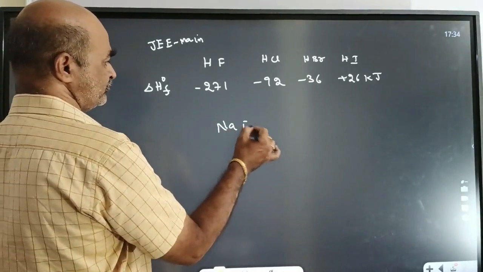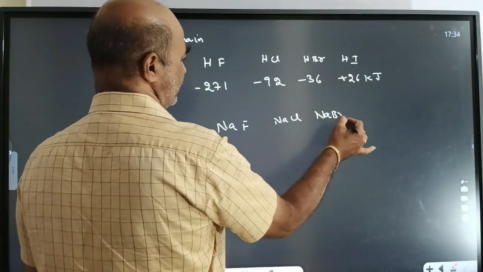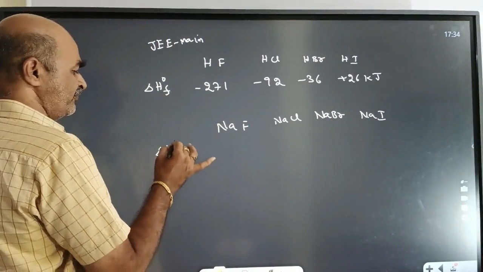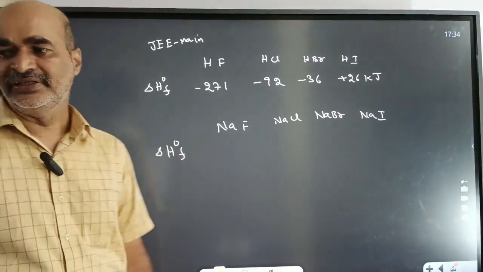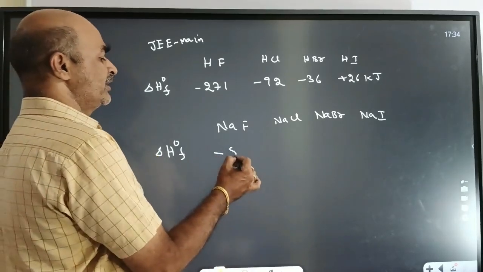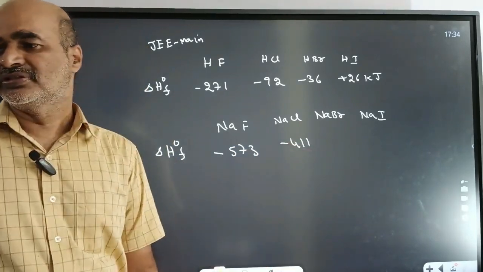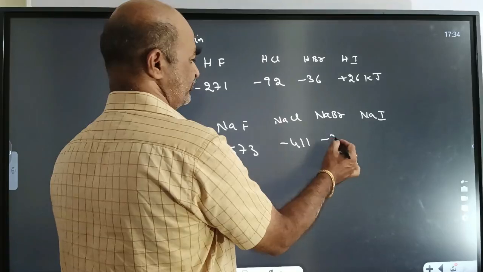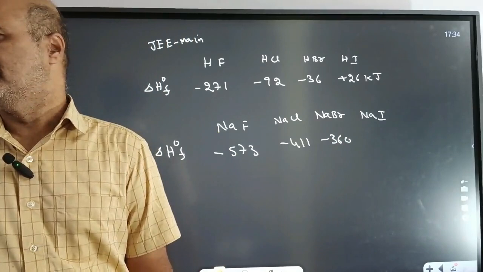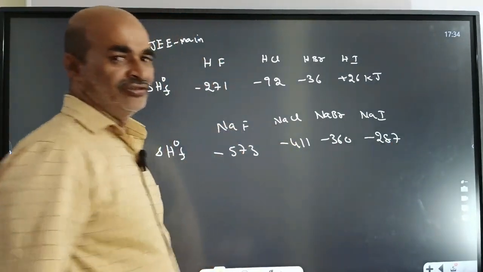Similarly, enthalpy of formation of NaF, NaCl, NaBr and NaI: NaF is minus 573, NaCl minus 411 kilojoules, NaBr minus 360 kilojoules, and NaI minus 287 kilojoules.